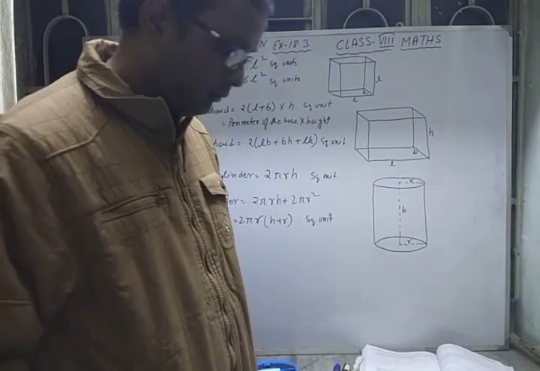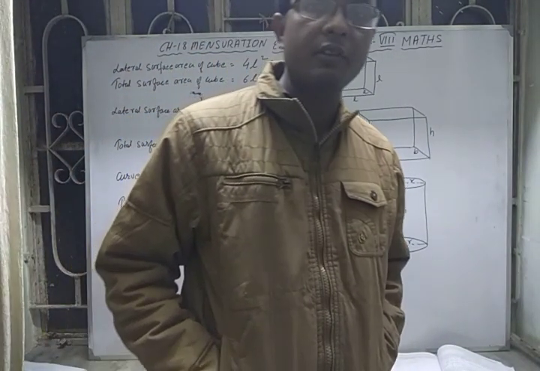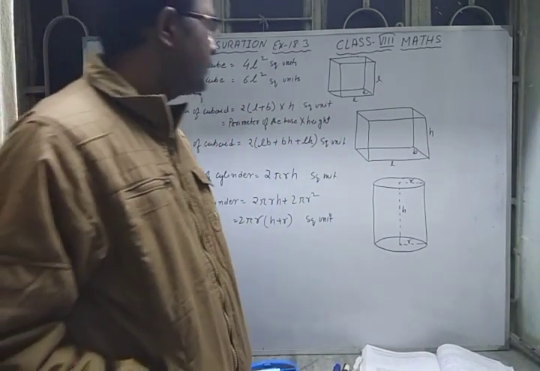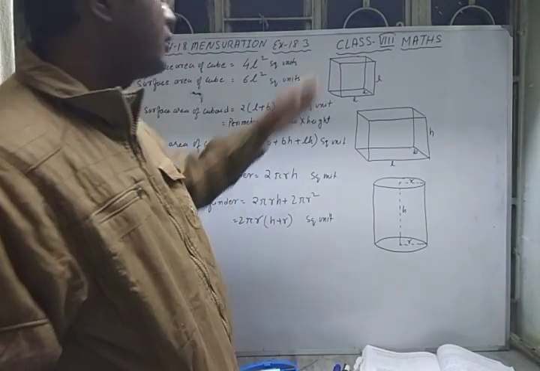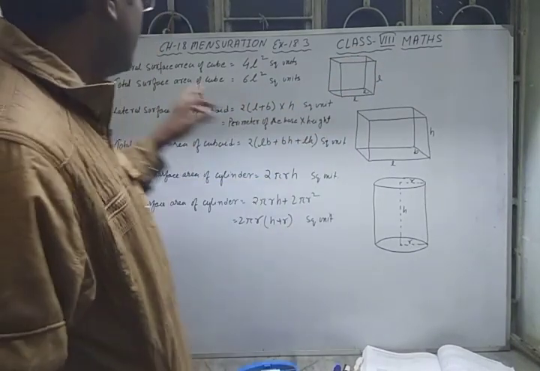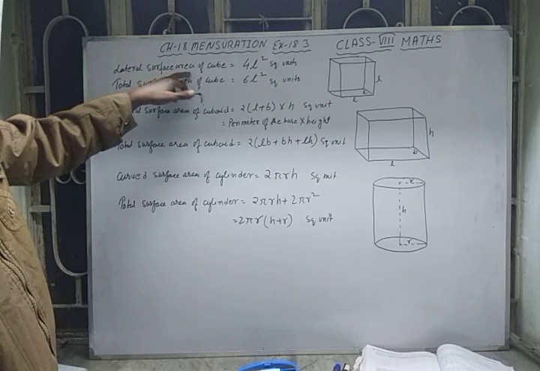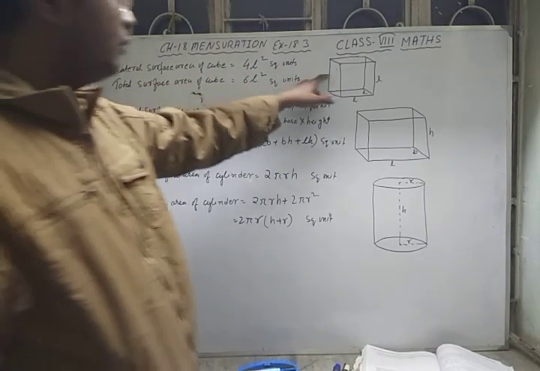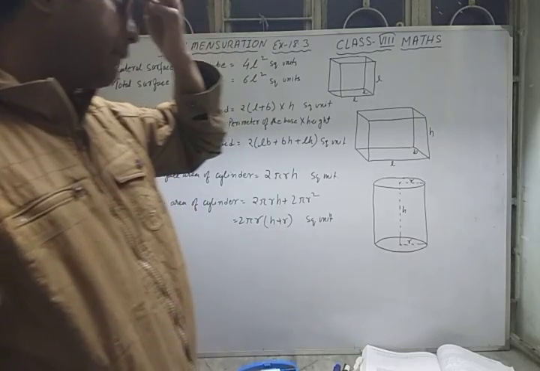So let us see how we have to use these formulas. First of all, you know a cube whose all sides are given. If we take all the sides L, L, L, then first of all the lateral surface area of the cube, or we can say the area of these four walls. It has six faces.